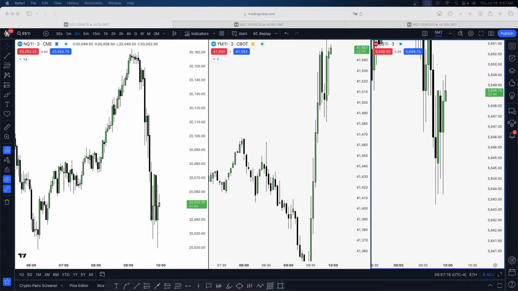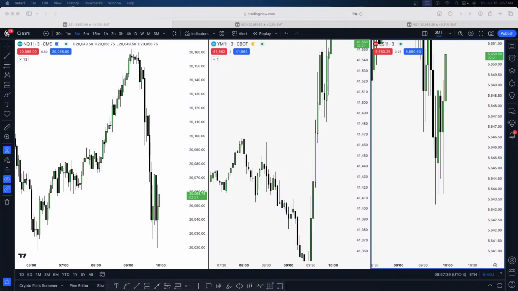I would love to see SMT forming down here with this previous daily low, or with a major low, not with the short term lows in between the trend. I don't trust them much. Still, let's see.